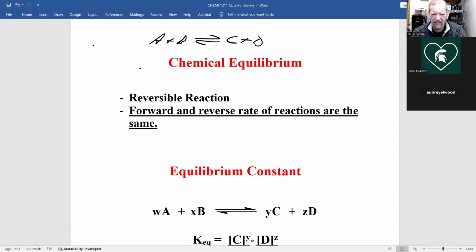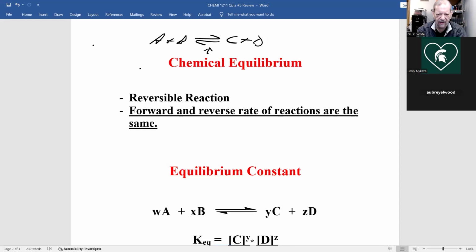And you know you have a chemical equilibrium when you see the double-headed arrows, one arrow going this way and the other going the other. And what this tells you is A plus B react to make C plus D. But also C plus D react to make A and B. And that's what we mean by reversible. It goes back and forth.